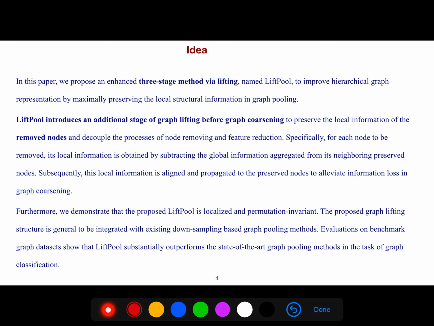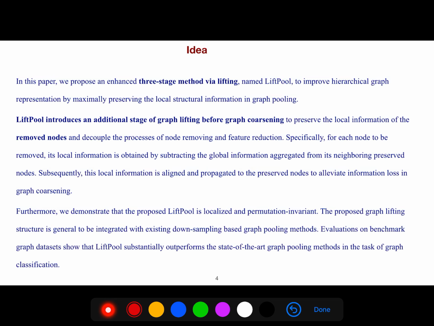So we propose an enhanced three-stage method via lifting, named LiftPool, to improve it. It introduces an additional stage of graph lifting before graph coarsening to preserve the local information of the removed nodes and decouple the processes of node removing and feature selection, feature reduction. Specifically, for each node to be removed, its local information is obtained by subtracting the global information aggregated from its neighboring preserved nodes.